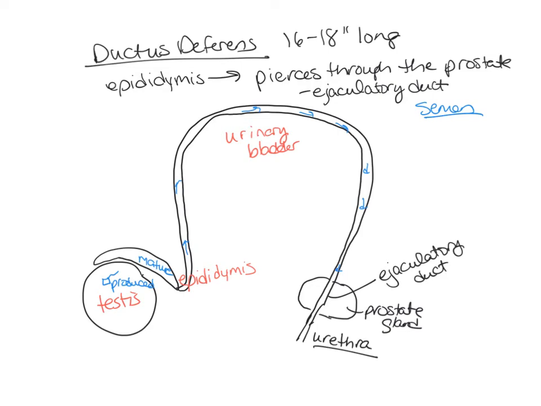Semen is a mixture of secretions from many glands. There are important glands that include the seminal glands and the prostate gland, and the bulbourethral gland.